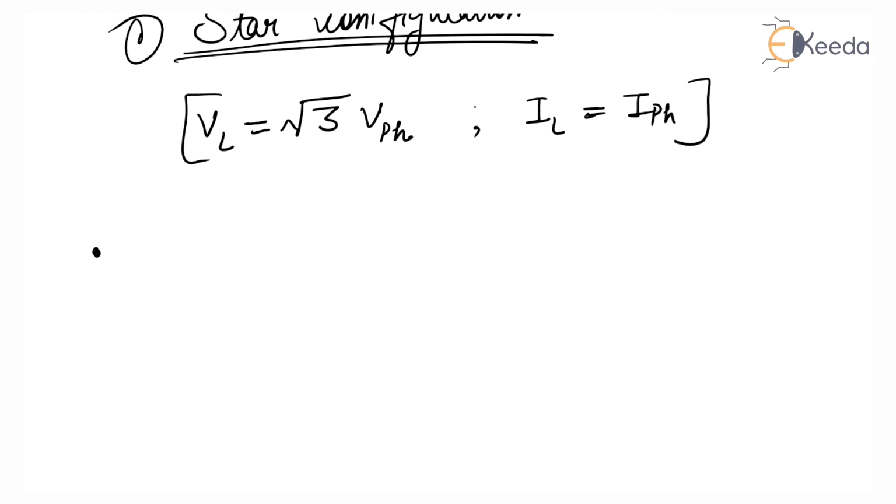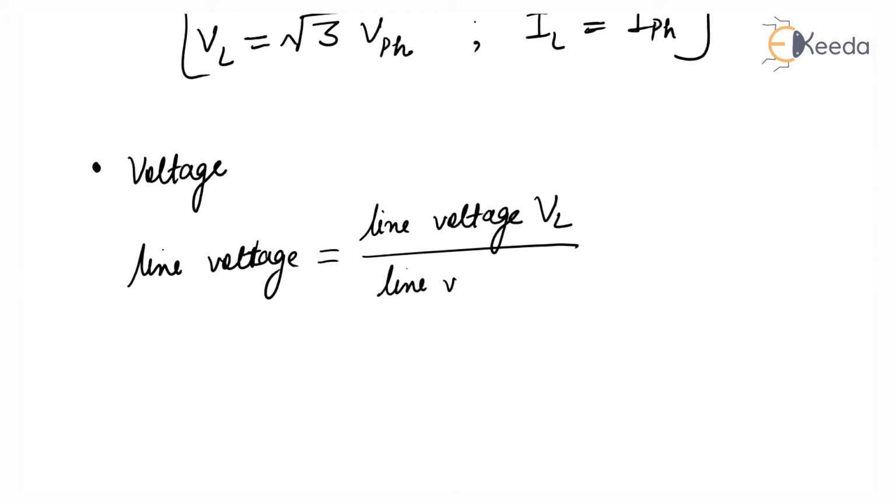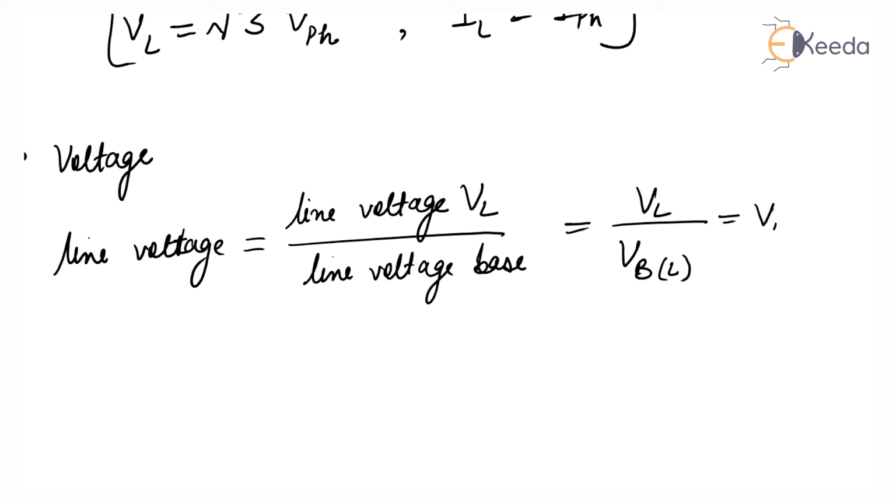So first we'll see for voltage. Line voltage per unit is equal to line voltage VL upon line voltage base, so VL upon V base for line. This is equal to line voltage per unit.